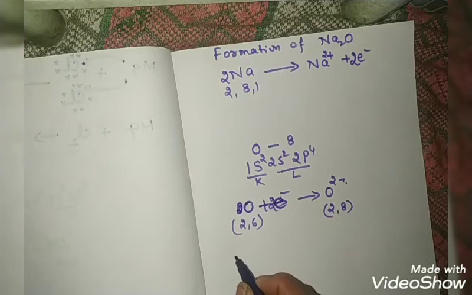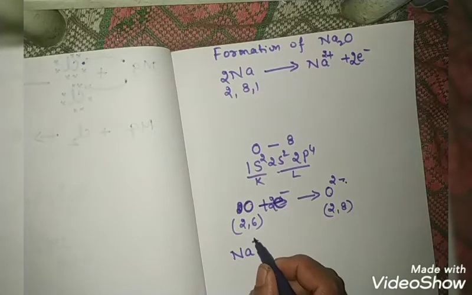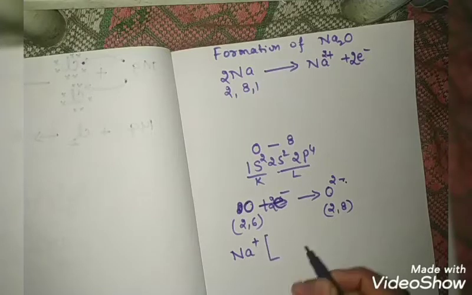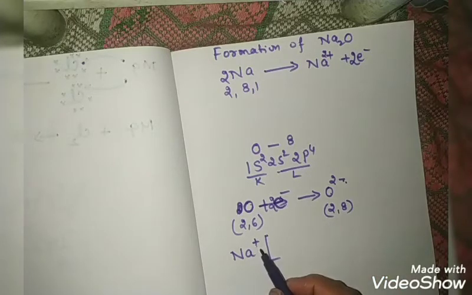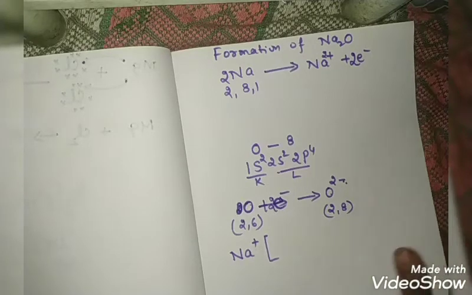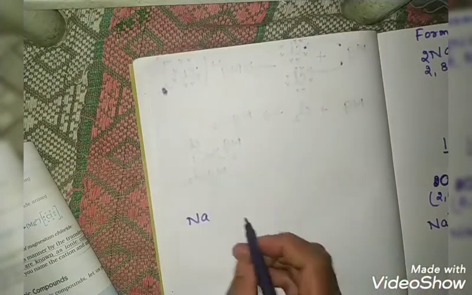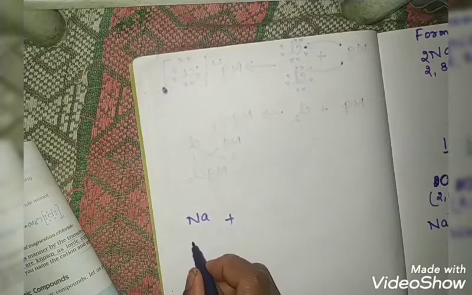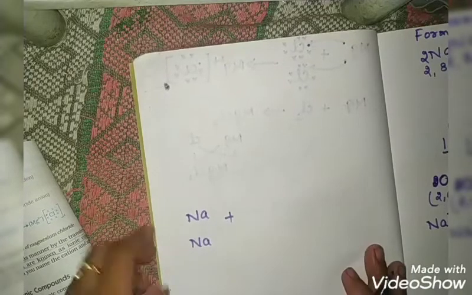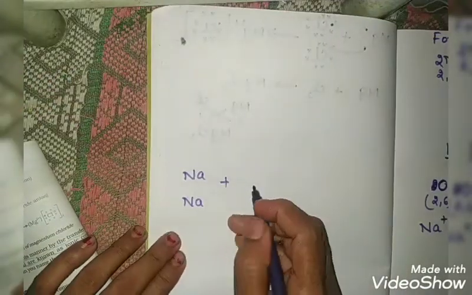And so what happened here now, sodium, it is plus. Is it enough to write like this? No, we can't write like this. What we have to do now? We have to write sodium. 2 sodium atoms are necessary here to write the structure.